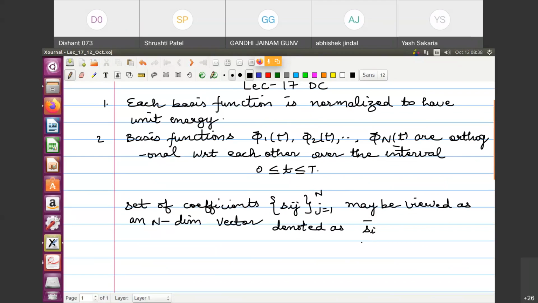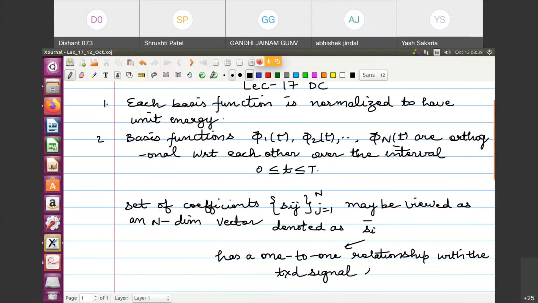Now remember that this has a one-to-one correspondence, a one-to-one relationship with the transmitted signal Si(t).